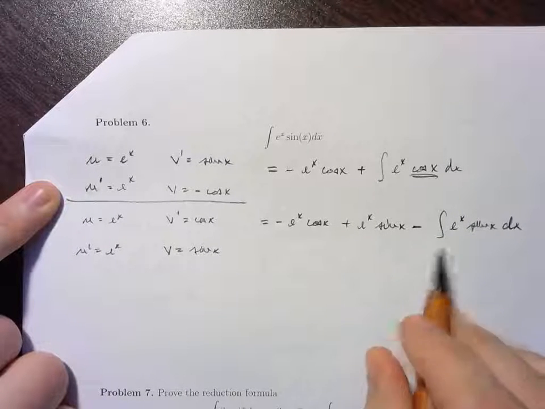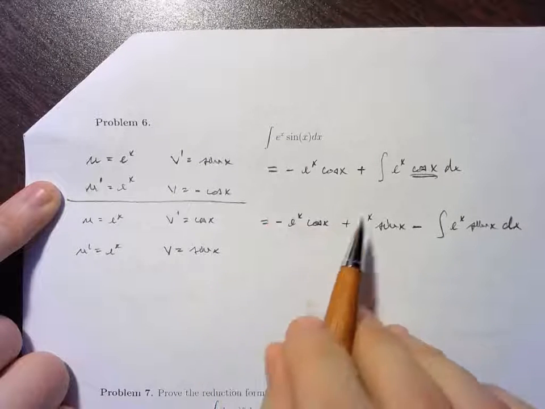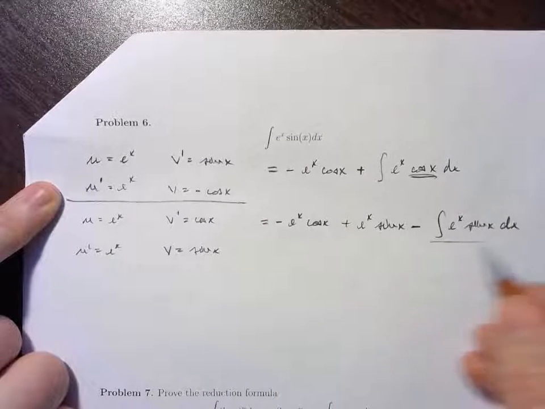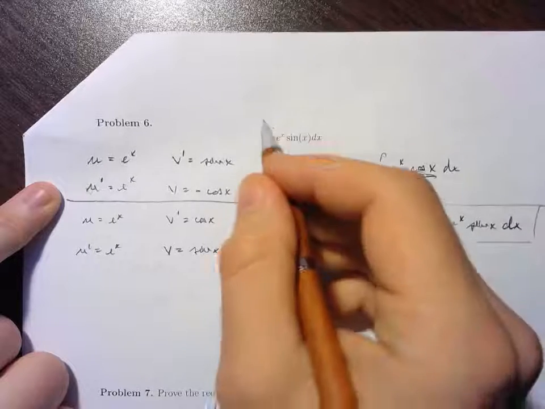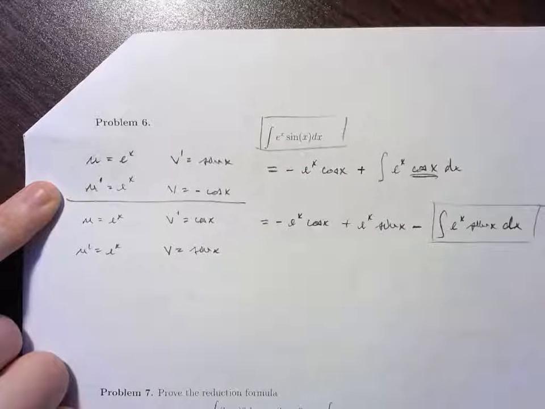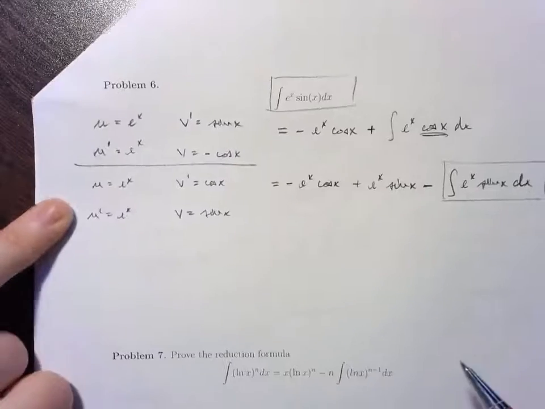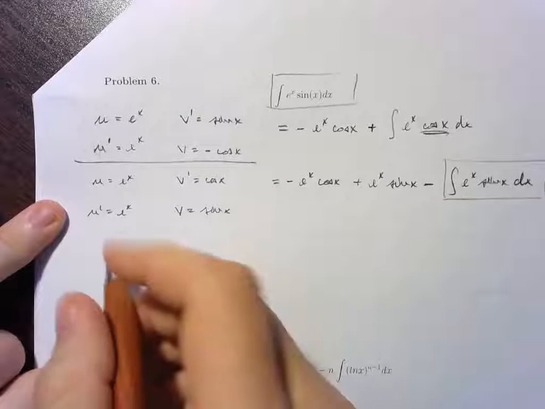So what did we just do? We did integration by parts 2 times, and we ended up with an integral that's exactly equal to our starting integral. In other words, we have the following equality.